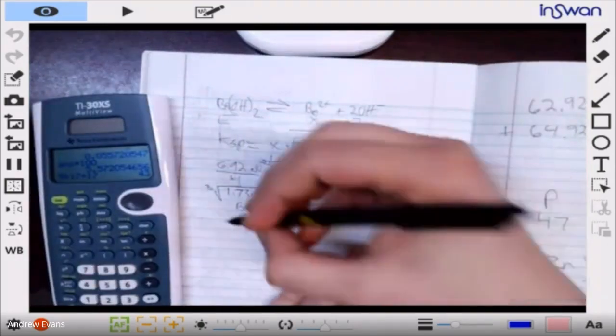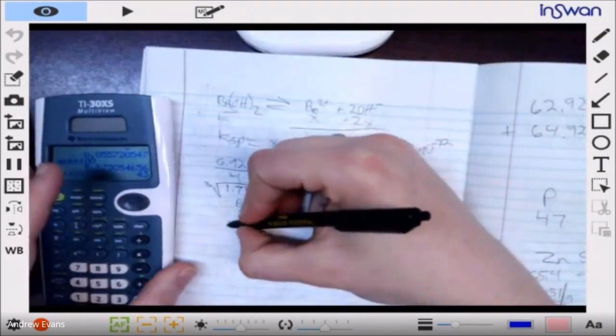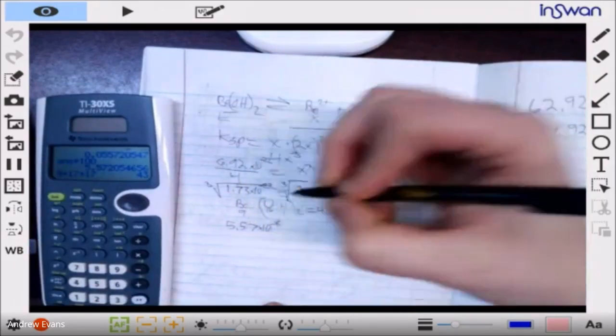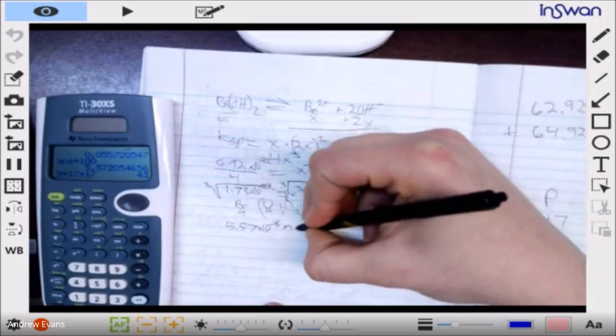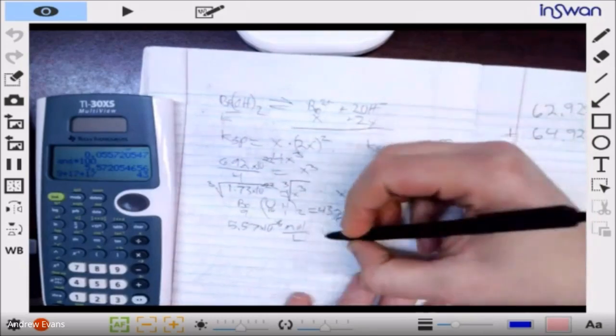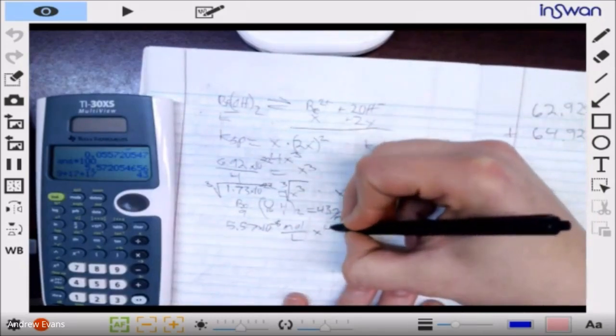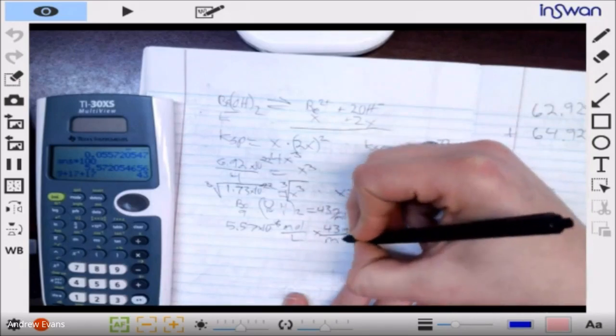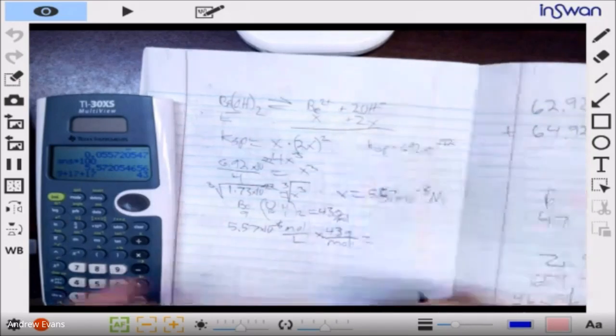Now, if molarity is defined as moles per liter, then to get to grams per liter, we have to multiply by the molar mass, 43 grams per mole.